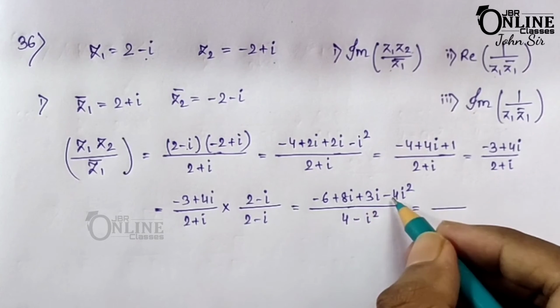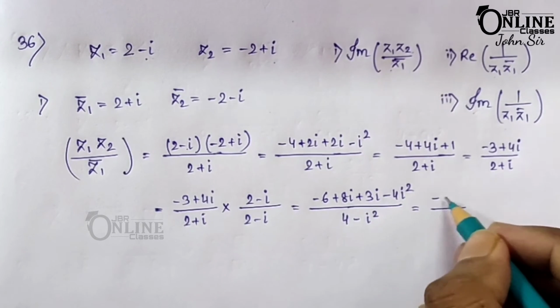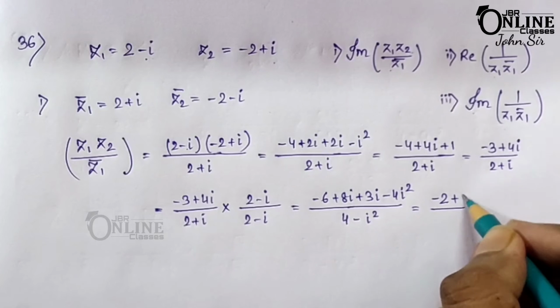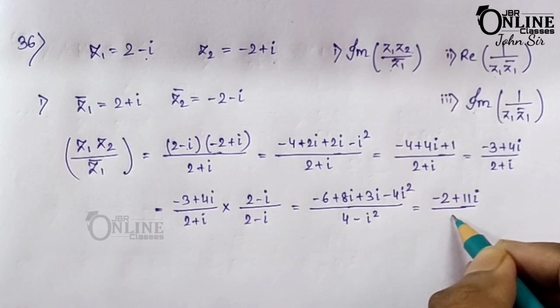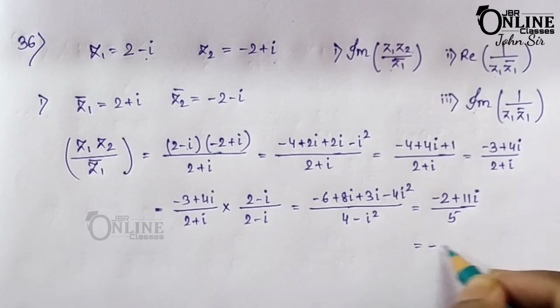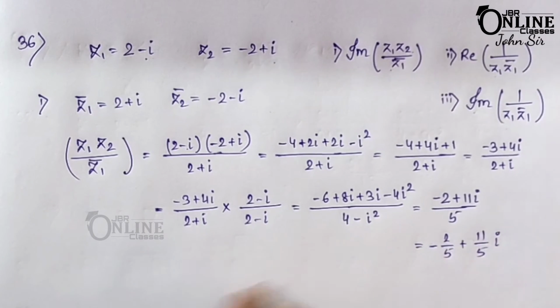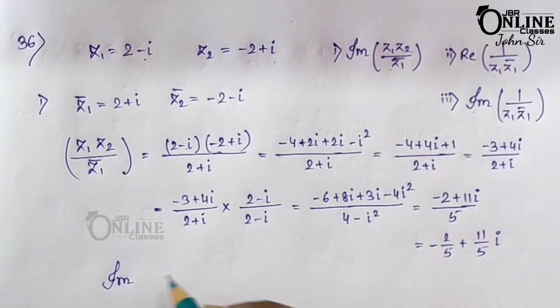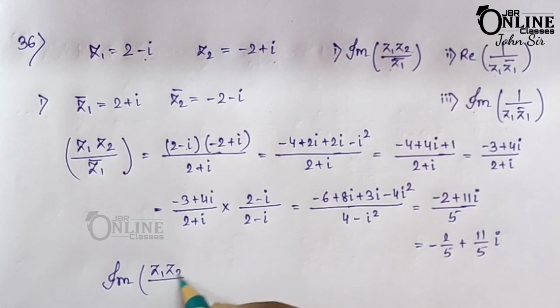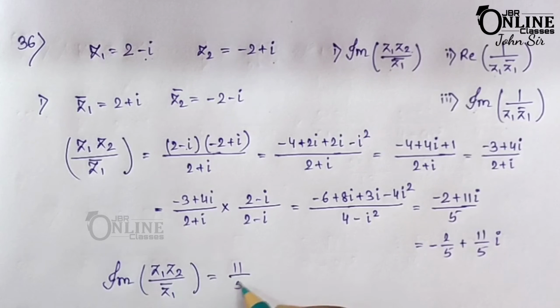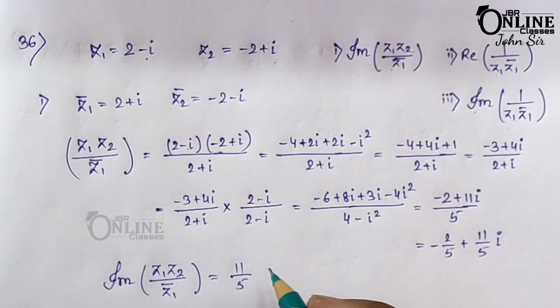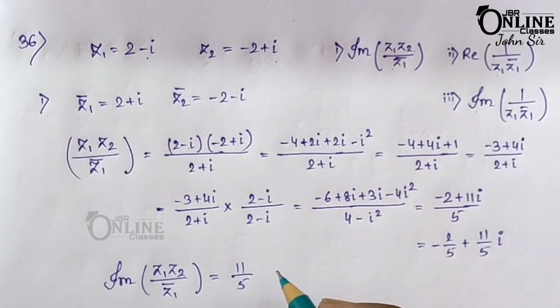So here minus 6 and plus 4, so it's minus 2, and that equals 11i, here it will be 5. So minus 2 by 5 plus 11 by 5 i. Now you have to find out the imaginary part of z1 z2 by z1 bar, and that equals 11 by 5. Okay, 11 by 5 is your answer.